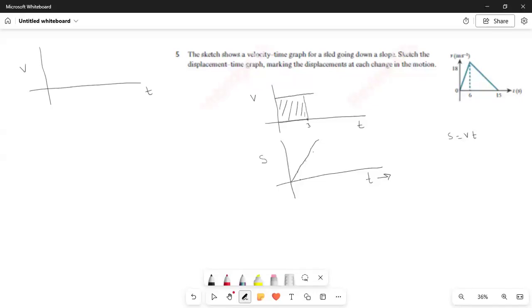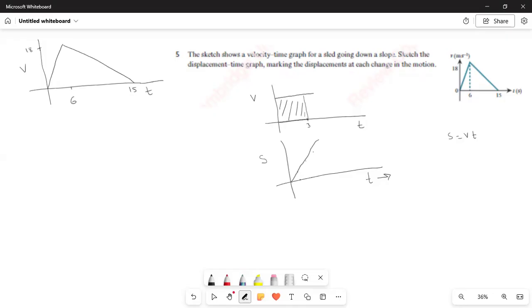Velocity up till 6 seconds keeps increasing and it increased to 18 meters per second. Then it starts decreasing for the next 9 seconds. When it reaches 15, it reduces to 0.